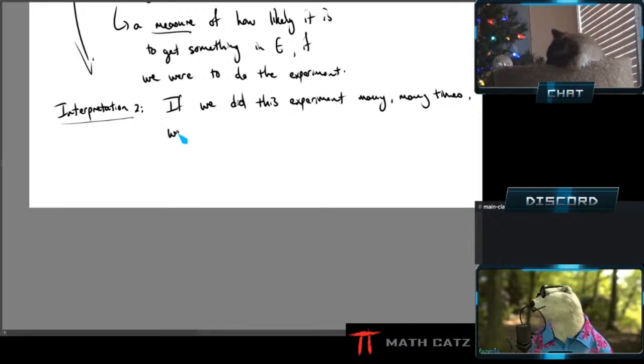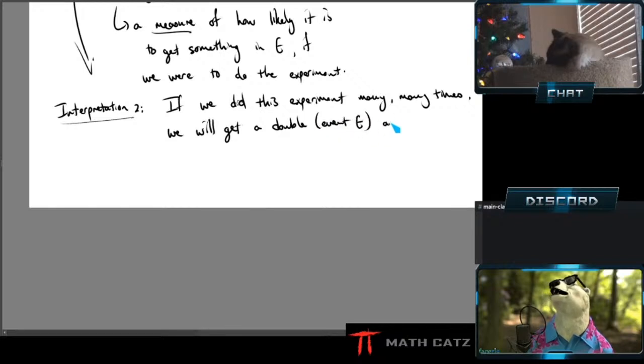Then we will get a double, which is our event in this case, about 16.67% of the time. Now, if I didn't do it many times, a lot of things can happen.